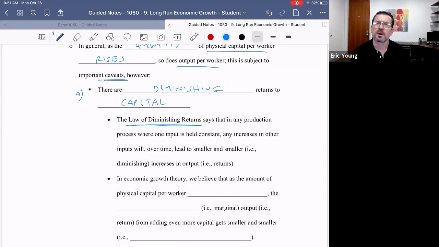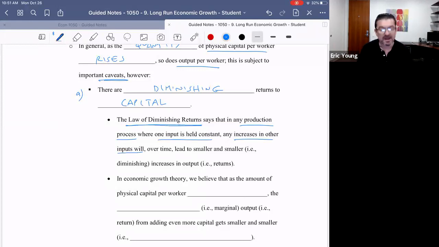What this says, and we'll go through this in a lot more detail with some math behind it in our micro section in a few weeks, okay? But what this says is that in any production process where you have one input constant, you can increase the amount of other inputs.